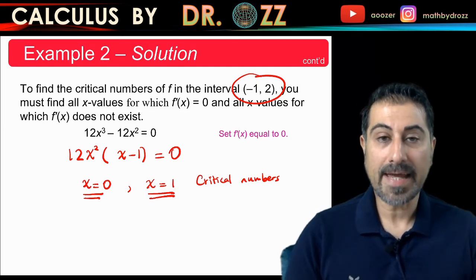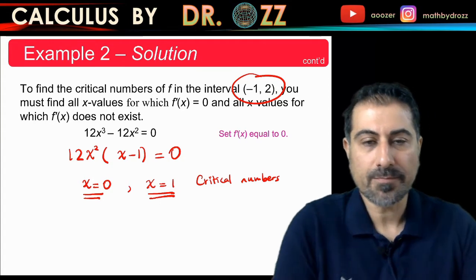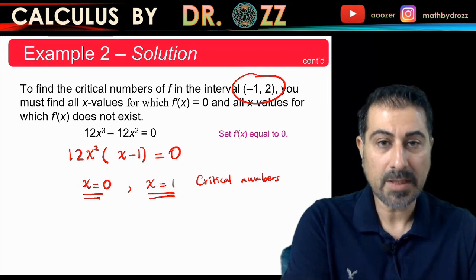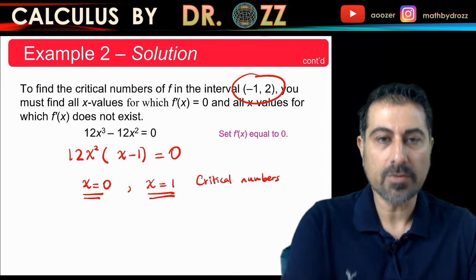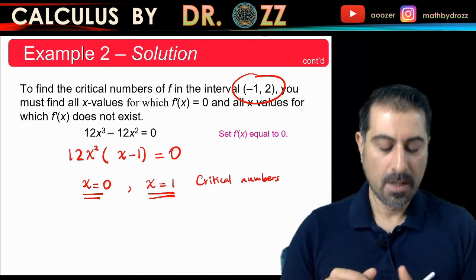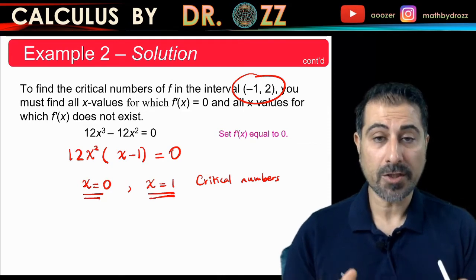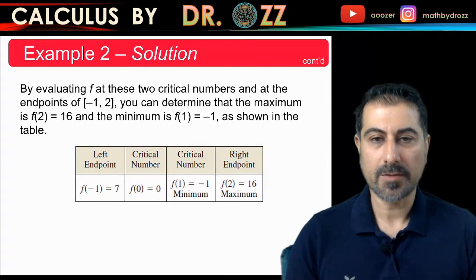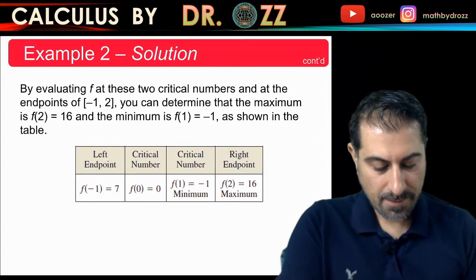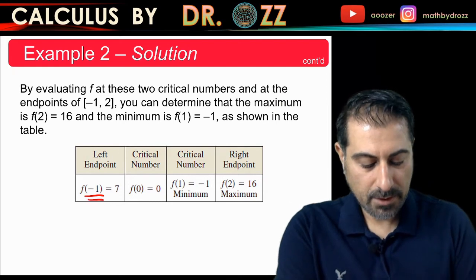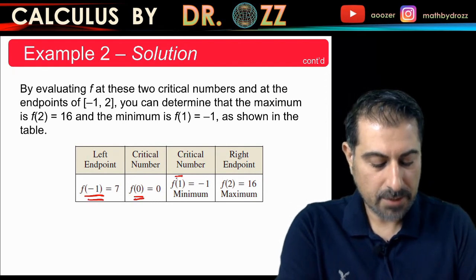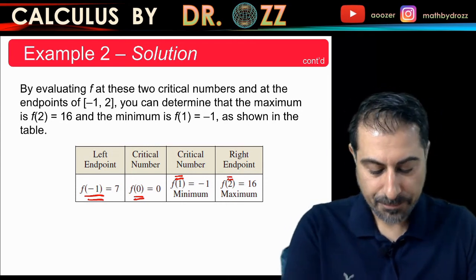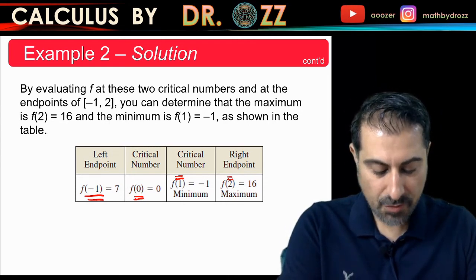We do have endpoints as well, right? Part of the deal in the guidelines was finding the critical numbers and also listing down the endpoints. So in the next step, we are going to look at function evaluation at the critical points as well as the endpoints. Here we go. So we're going to look at the function value at the left endpoint, a critical number, another critical number, and the right endpoint. As you see, at -1 it takes the value of 7.